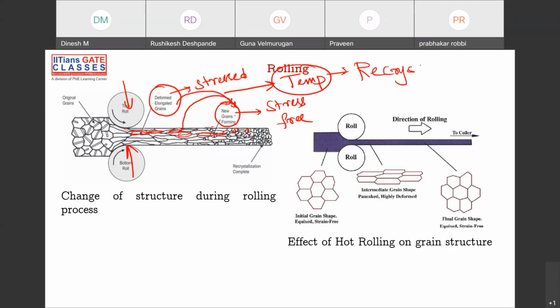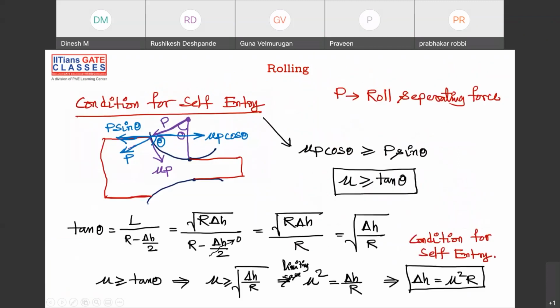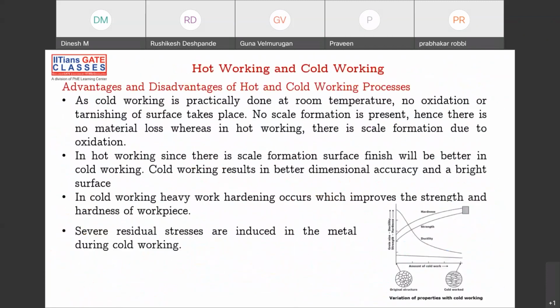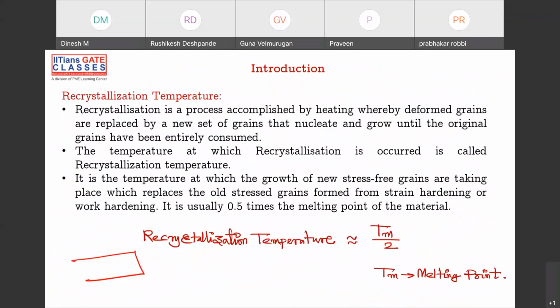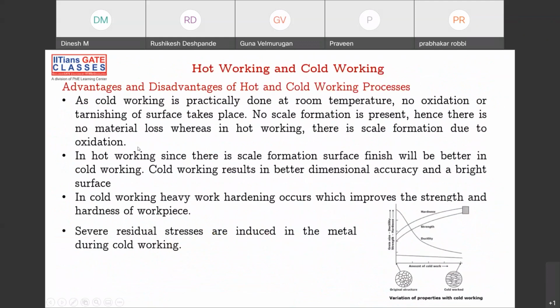The crystals are changed. Okay, so that is what is called recrystallization temperature, and it is approximately half the melting point of a given material. Okay, next.